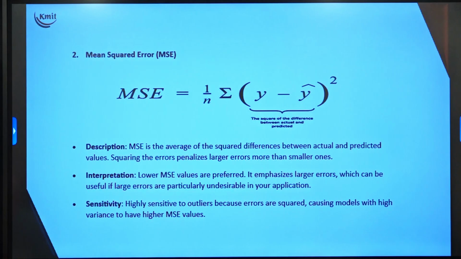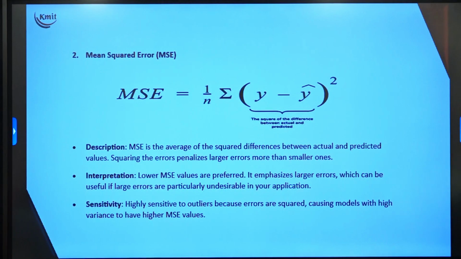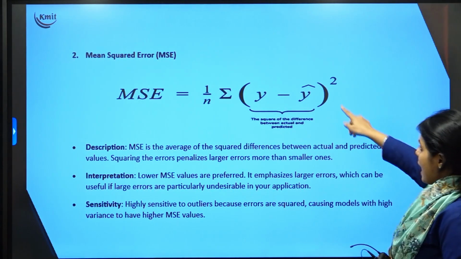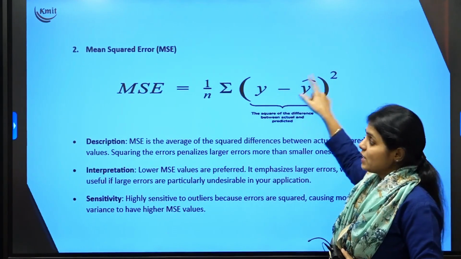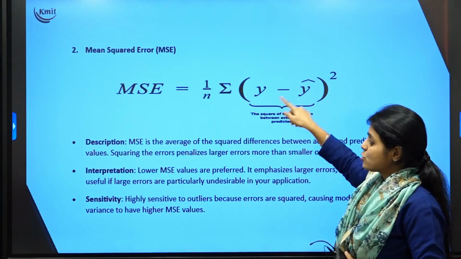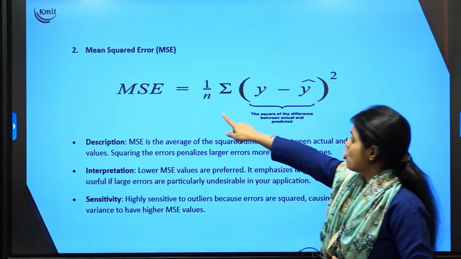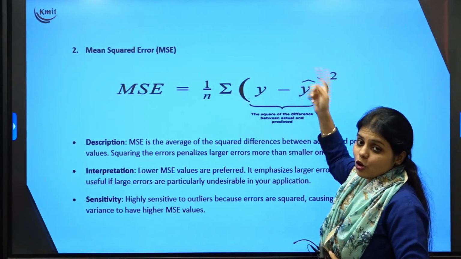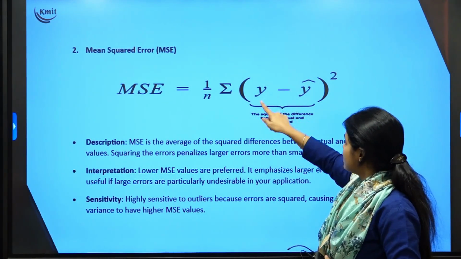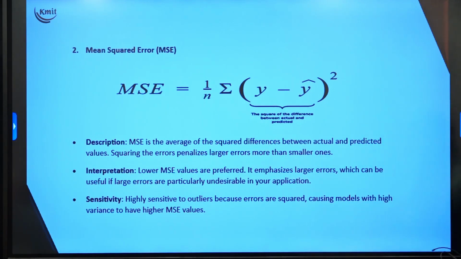Now the second type of regression metric is mean squared error. So instead of taking the absolute of the difference between actual and predicted, here we take the squared values. So MSE is nothing but the average of the squared differences, not the absolute difference but the squared differences of the actual and predicted values.